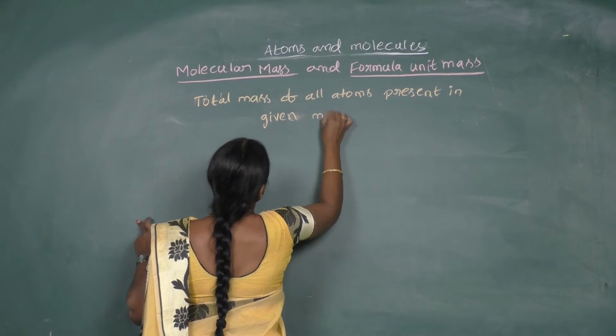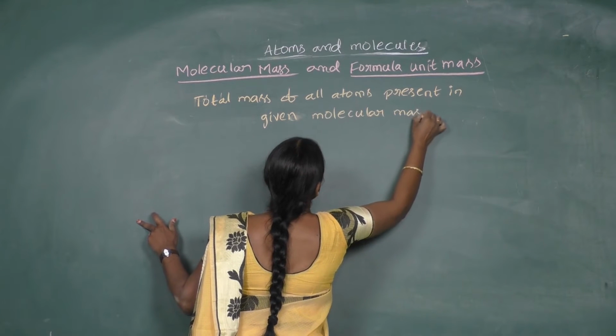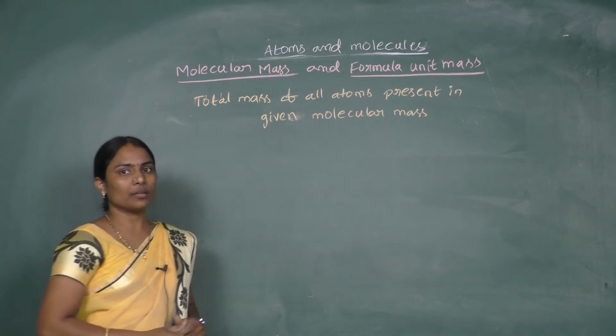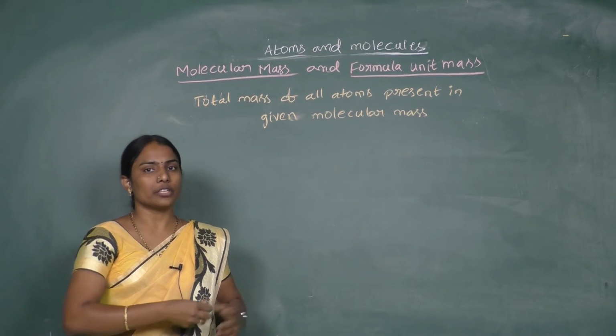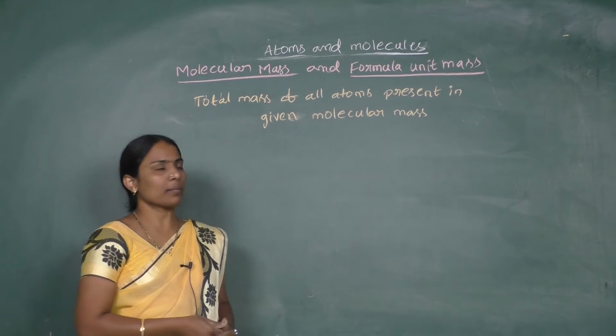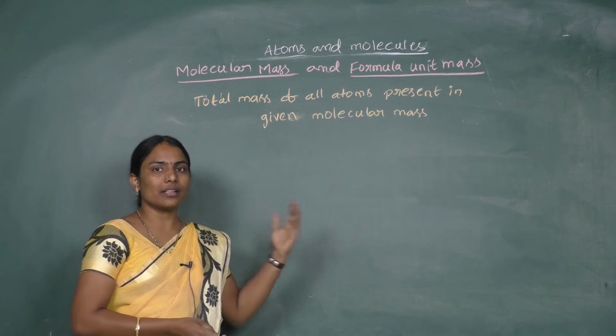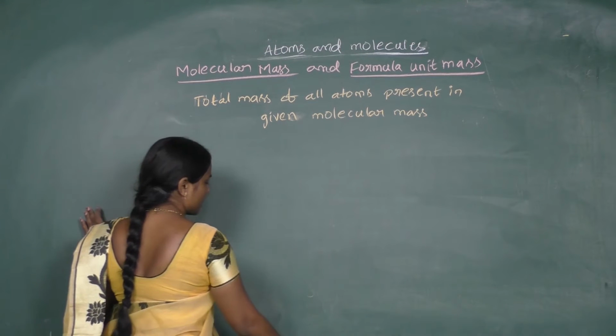It is very simple to calculate, but if you need to calculate the molecular mass, you should have a previous idea about the mass of individual atoms. If you know the atomic masses, you will easily write the molecular masses. So for that, let's take a few examples.